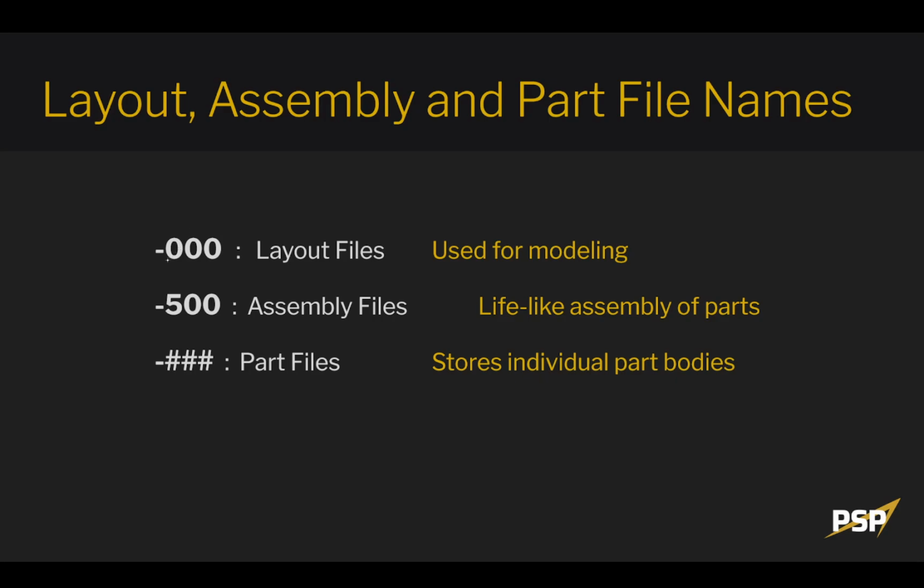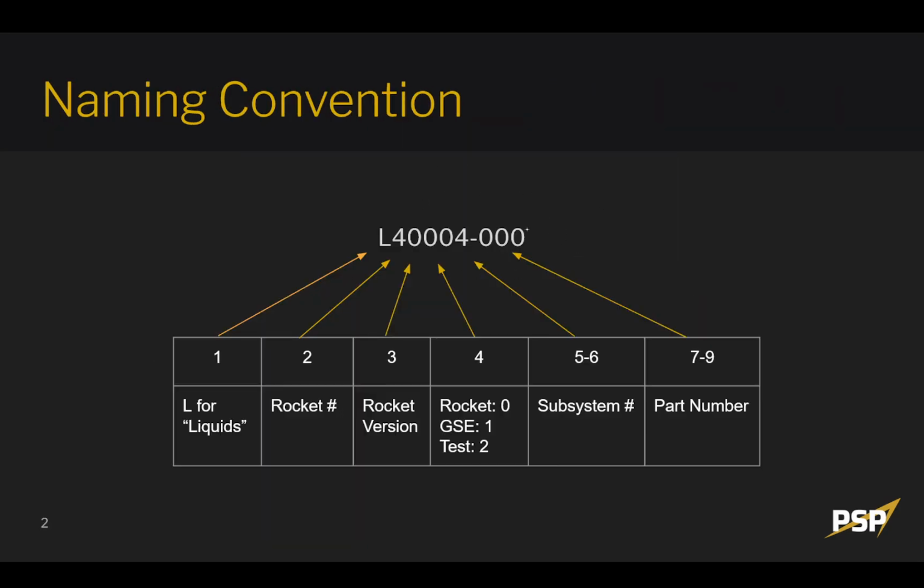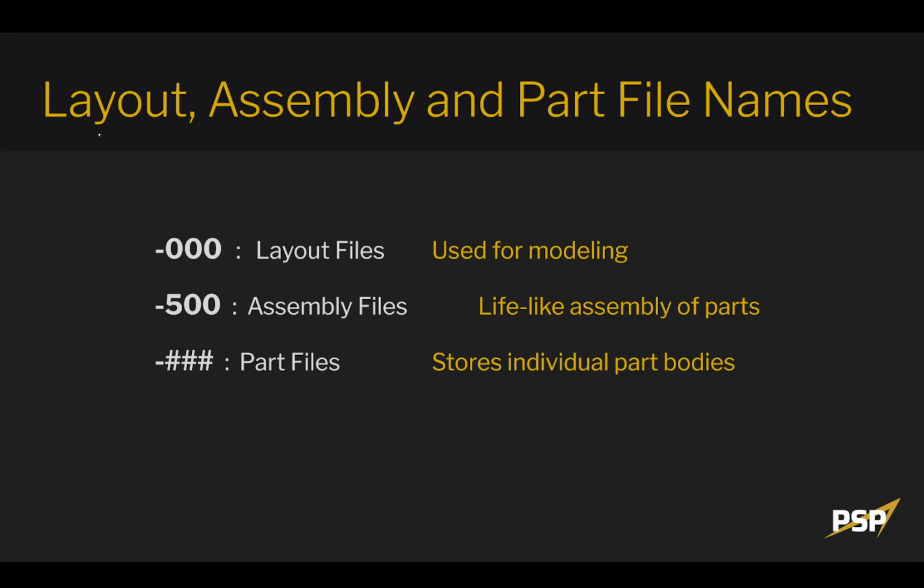But for now, let's say that the trailing 3 digits that we saw in the name convention are associated with whether your file is a layout, an assembly, or just a plain part file. If it ends with -000, that means that your file is a layout file and it's going to be used for modeling. Like I said, I'll go into more depth later.